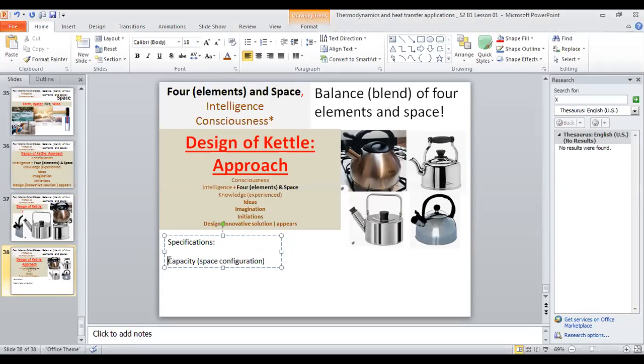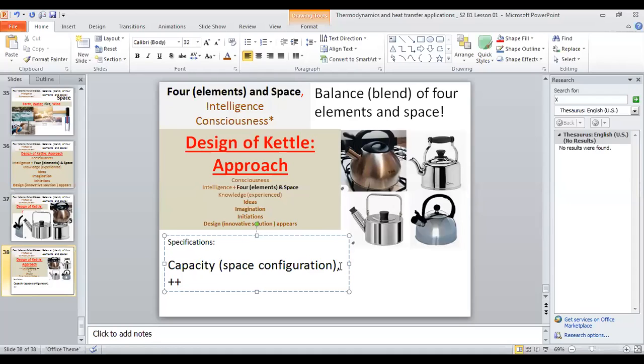That's why space is very important. You know the capacity, but you never think this is the space. Naturally the space will be there, but your main focus is not about the space. And there should be more specifications.